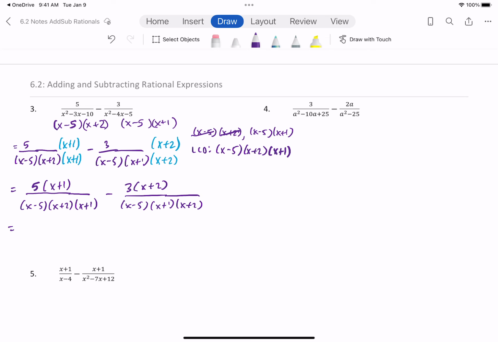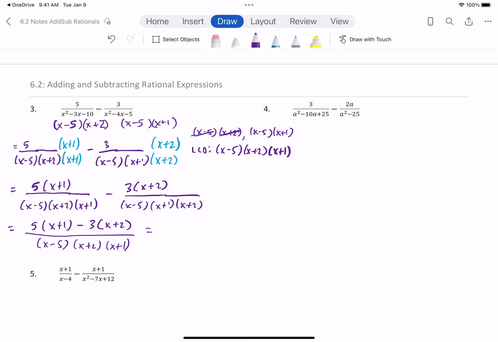Now the next thing is to collect the numerators, but I want you to notice this time that we have a subtraction, and we need to be a little more careful when we do. So when I write these numerators together, I'm going to put the minus and then put the second numerator, and it's all over this same denominator.